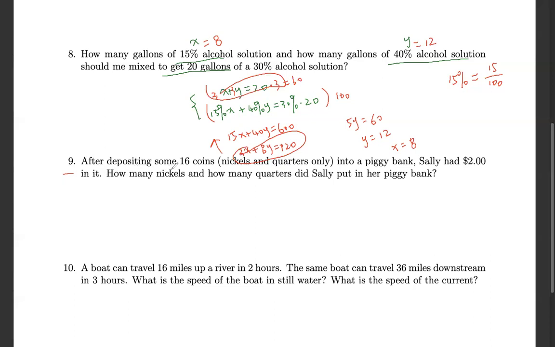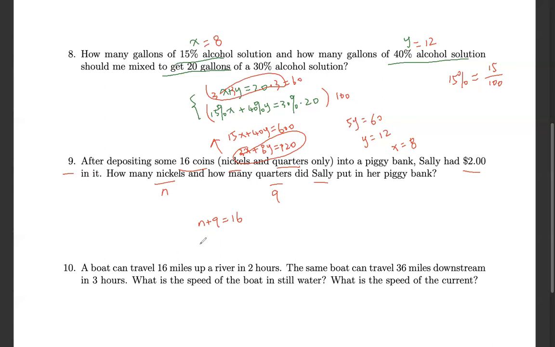After depositing some 16 coins, nickels and quarters, into a piggy bank, Sally has $2 in it. How many nickels and how many quarters did Sally put in her piggy bank? Let's see. She had N nickels and Q quarters. So N plus Q totals 16 coins.